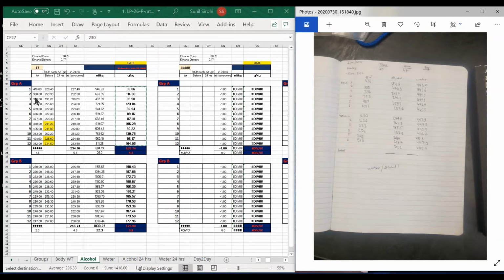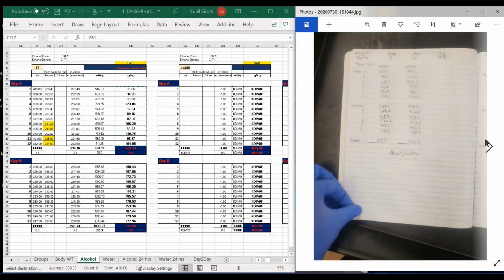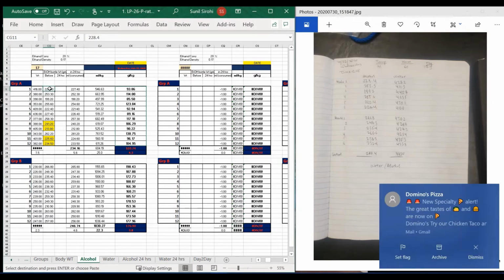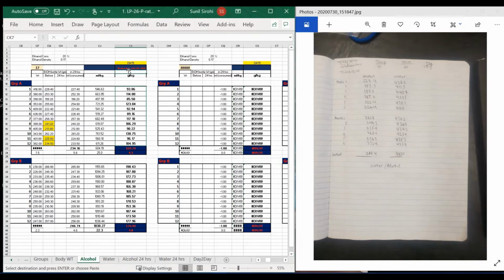So you enter the body weight first here. Then for that particular day, the previous day's data becomes the initial. For example, if you want to know how much they consumed on the next day, the previous day's data becomes the baseline.